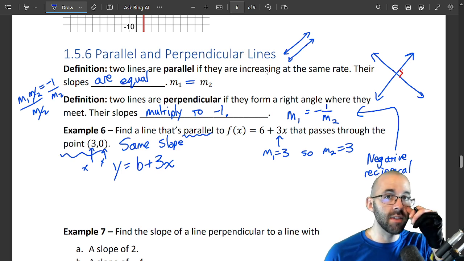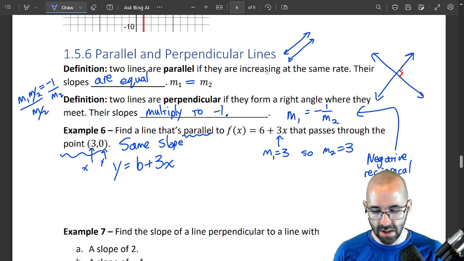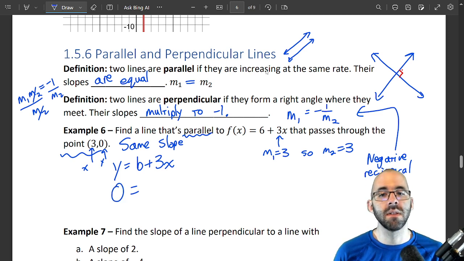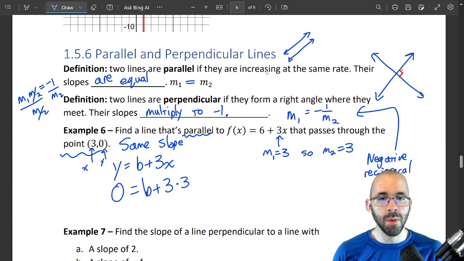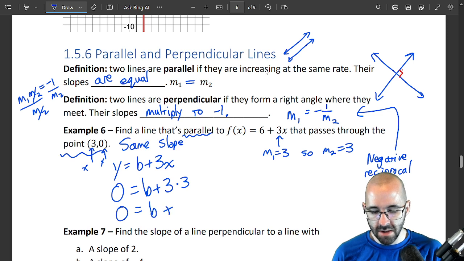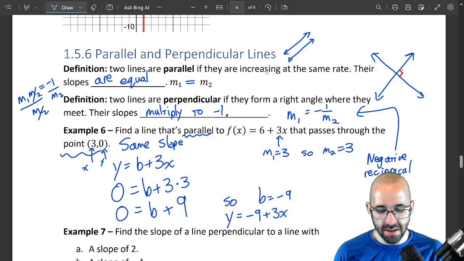It doesn't directly give us our vertical intercept, our y-intercept, unless we plug things in. So y is 0, replace y with 0. X is 3, replace x with 3. And we'll get that 0 is equal to b plus 9. So b is -9. And we get our second line to be y is equal to b, which is -9, plus mx.